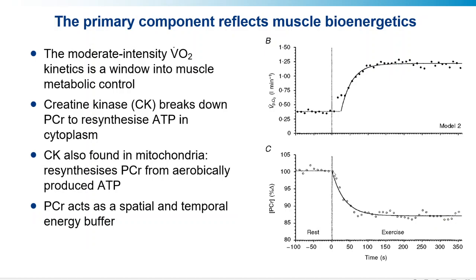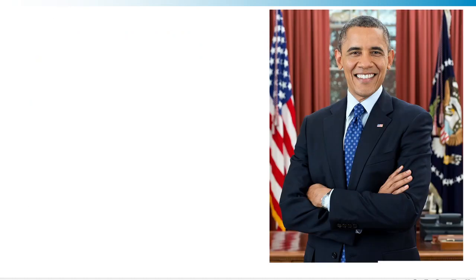So what's happening here is as phosphocreatine starts to decline, that immediately signals to the mitochondria to start increasing oxygen uptake, which slows the rate of decline of phosphocreatine, which slows the oxygen uptake, and so on and so forth, until both variables reach a steady state. And that's why VO2 kinetics measured at the mouth is so important, because it gives us that window into metabolic control.